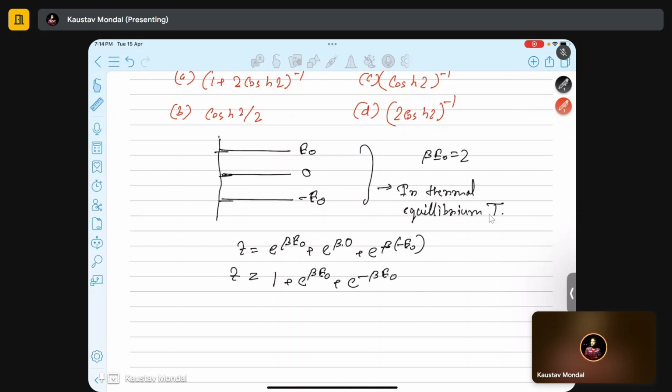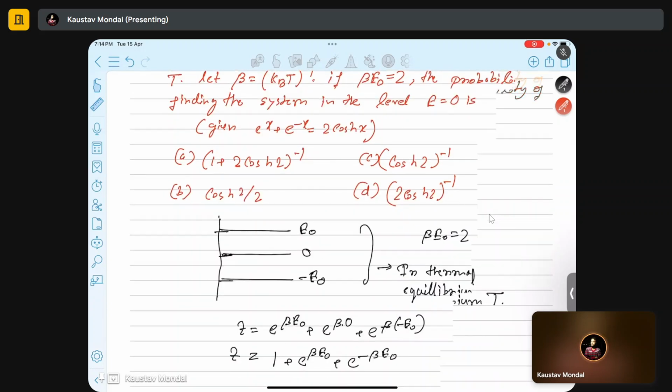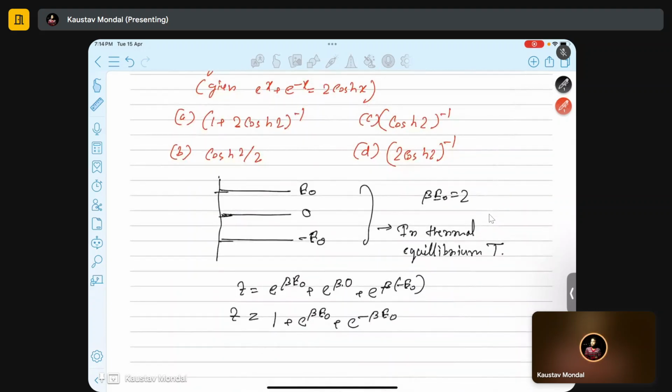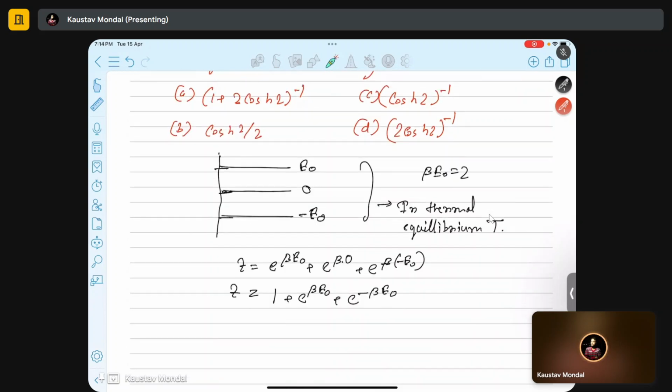This will be the partition function Z. Now we use the fact that e to the power x plus e to the power minus x is 2 cos hyperbolic x. Using this fact, you can write Z as 1 plus 2 cos hyperbolic beta E0. So Z is the partition function here.